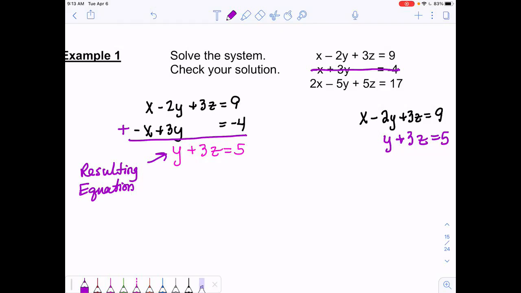Our goal is to get rid of this x. So the goal is to have no x's underneath. So here's my x. I don't want to have any x's underneath that x. The first equation stays there. It stays the same. We now need to get rid of that 2x that's in the third equation.